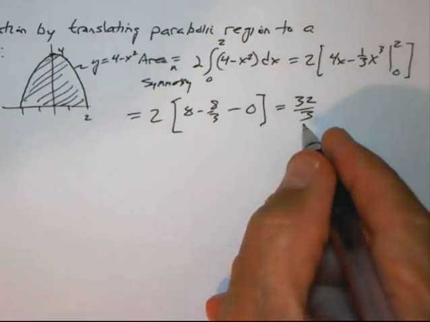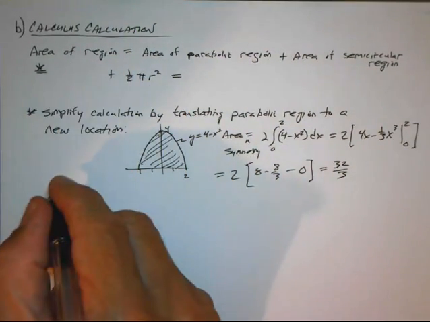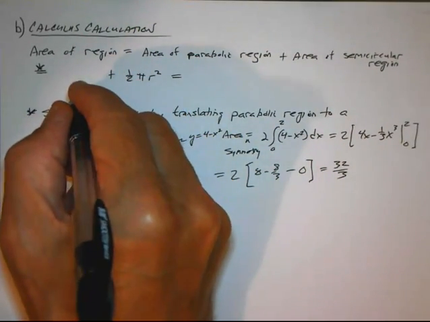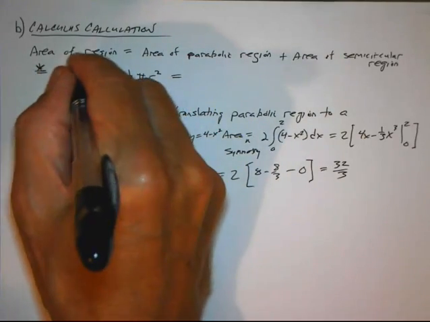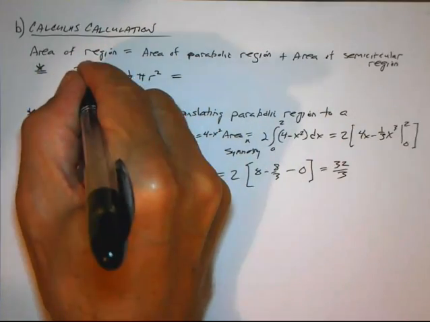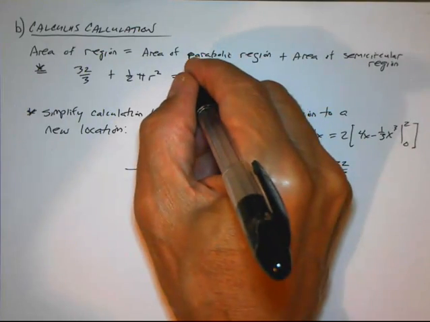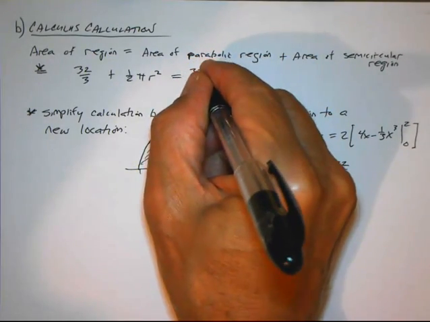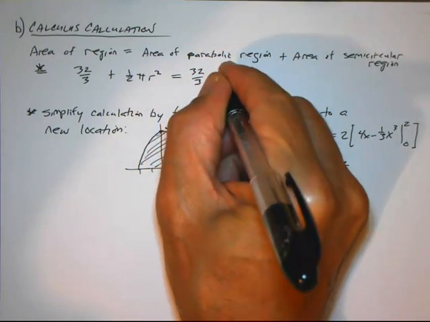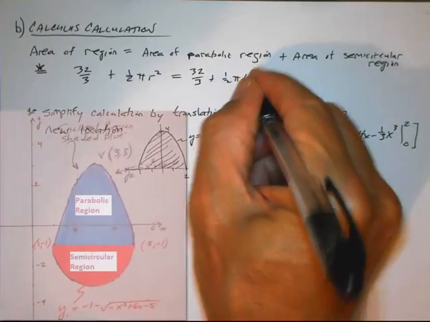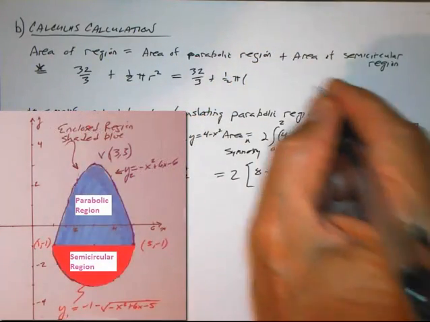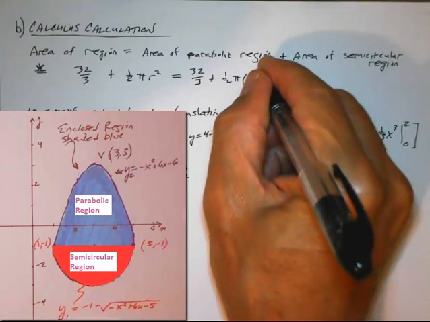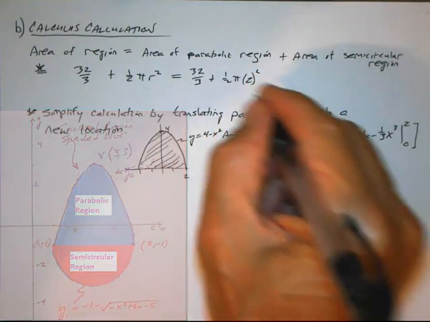Okay, we can bring this back to our main line of solution here and make this 32 thirds. And then this becomes 32 thirds plus 1/2 pi times the radius of that semicircle. There was a 2, so the 2's cancel.